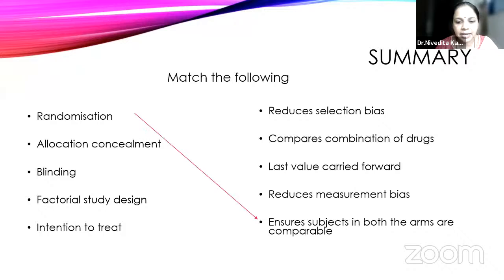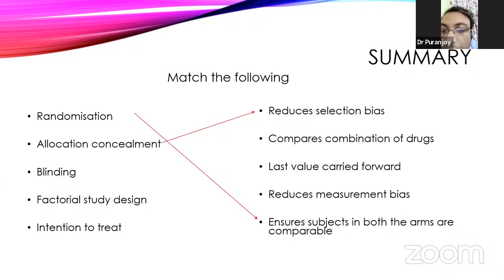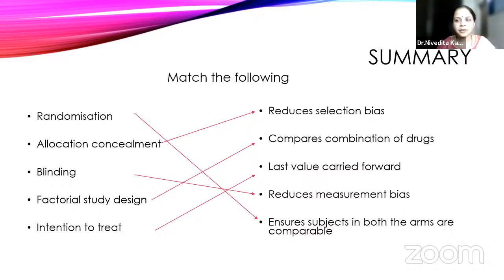It reduces selection bias is correct, but here I put that for something else. It ensures that subjects in both the arms are comparable. Okay. Allocation concealment reduces selection bias. Blinding reduces measurement bias. Correct. Factorial study design. Combination of drugs. Correct. Intention to treat. Last value carried forward. Absolutely right. So thank you very much.